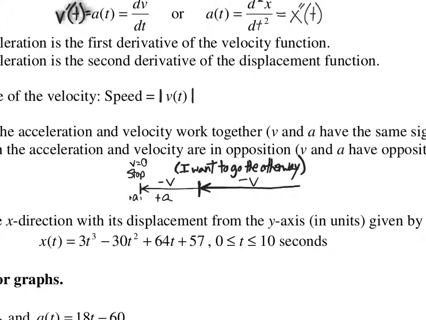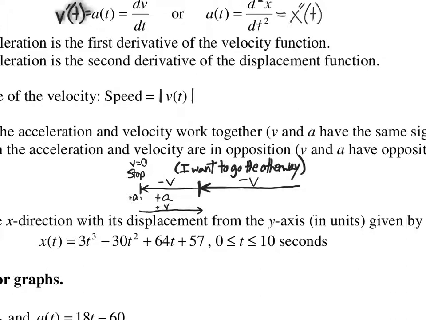But because our acceleration is still positive, guess what happens? Now we start to turn around, and now we have a positive velocity and a positive acceleration. So we see here, that dog saw the other dog and decided to go the other way.